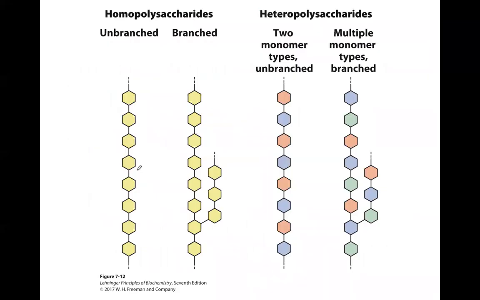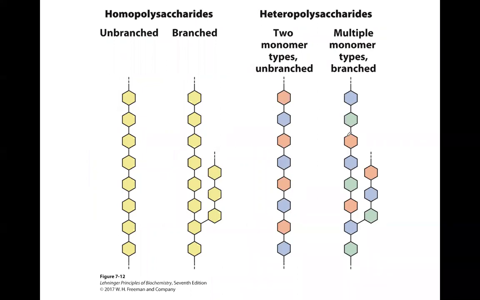So let's look at this and we'll come back to that slide. So these are homopolysaccharides. This is unbranched, right, linear, and this is branched, which means that you have a glycosidic bond here, and there's another kind of glycosidic bond coming off the side of the molecule, and that will create its own branch.